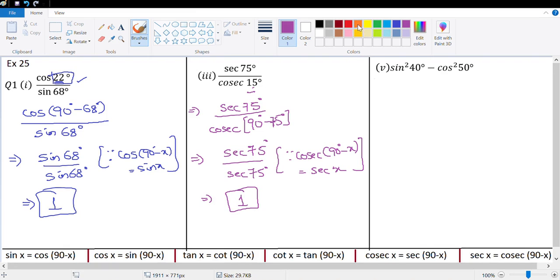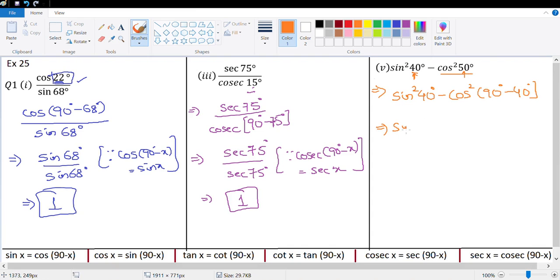Let's look at the next question. The next question that we do is question number 1, part 5. So sin square 40 degree minus cos square 50 degree. So let's convert cos into sin. Again, I notice 40 degree and 50 degree are complementary. So I leave sin as same. So sin square 40 degree minus, instead of 50 degree, I will write cos square 90 degree minus 40 degree, because 50 degree is nothing but 90 minus 40.